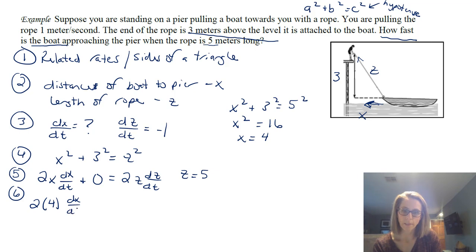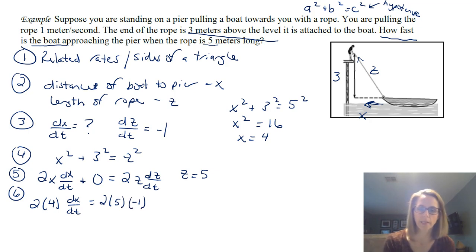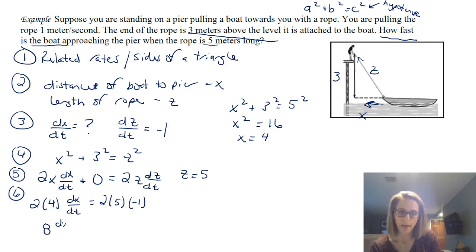So dx/dt. We have z, which is 5, and we're told that dz/dt is -1. So we basically have 8 dx/dt equals -10.